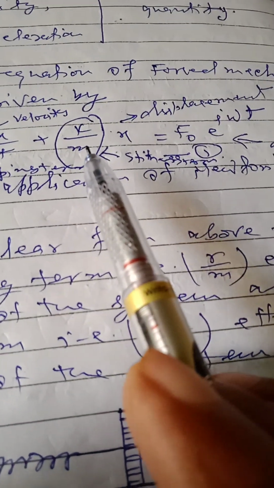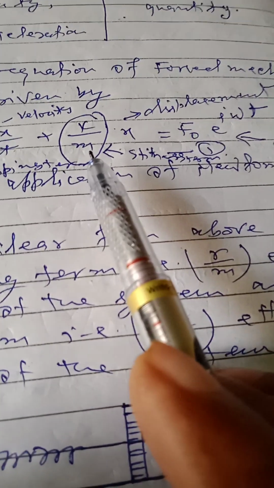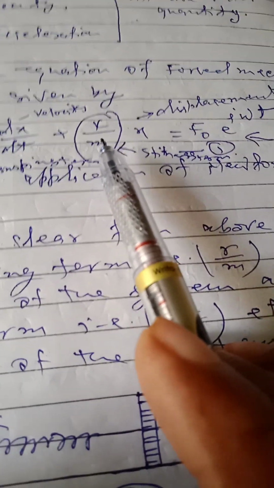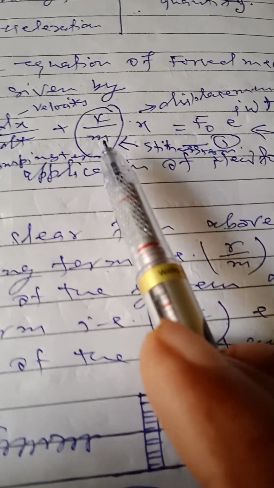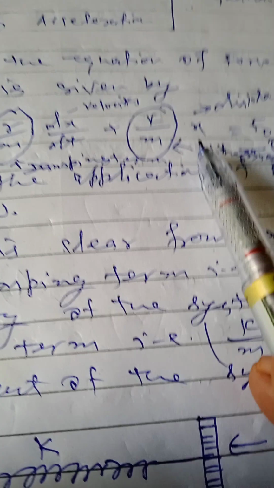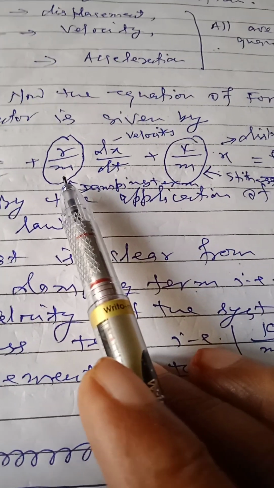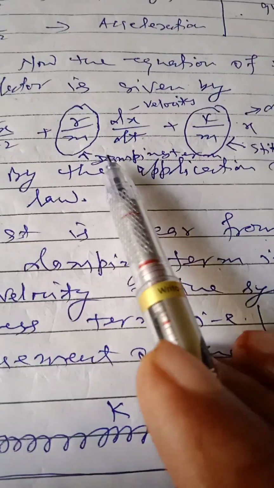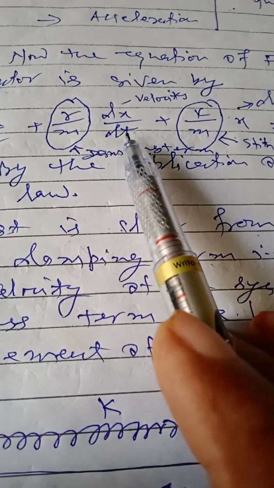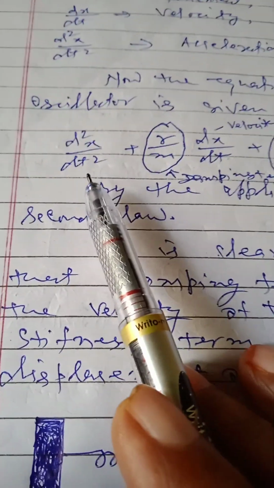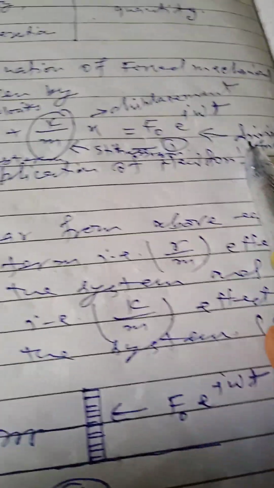Now it is all clear that k by m is the stiffness constant or the spring constant which affects the displacement. x is the displacement and r by m is the damping factor, the damping term, and the damping term affects the velocity dx by dt. And d2x upon dt square, this is the equation of the forced mechanical oscillator.